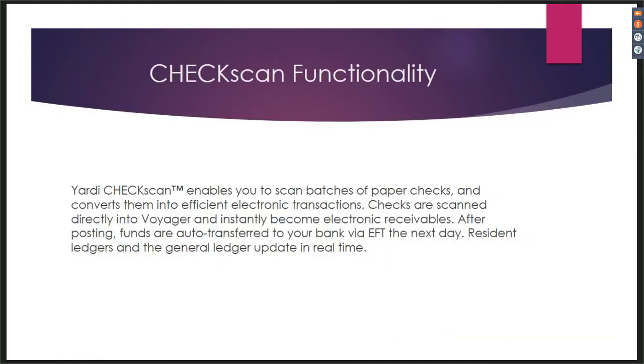So Checkscan functionality. What Checkscan is going to allow you to do is take a handful of paper checks. We recommend no more than 20 to 25 checks in a batch. It's going to allow you to scan them directly into the database, where it's going to convert them into electronic images and accounts receivables.